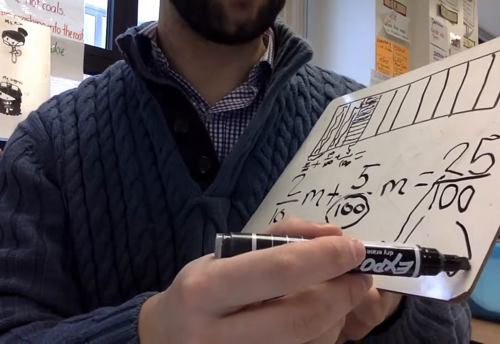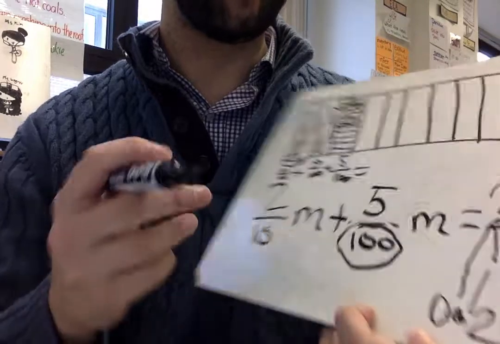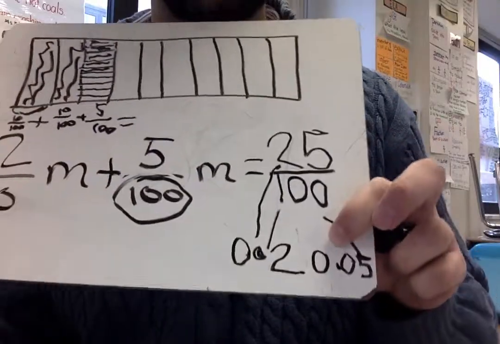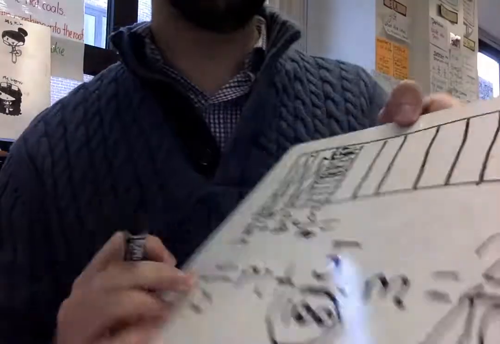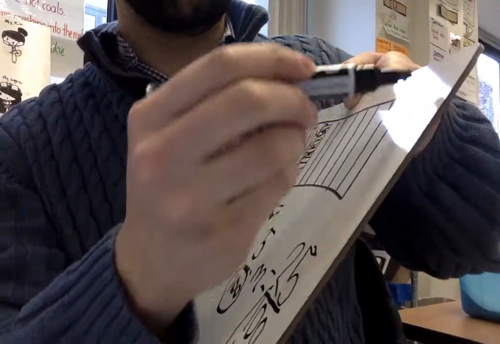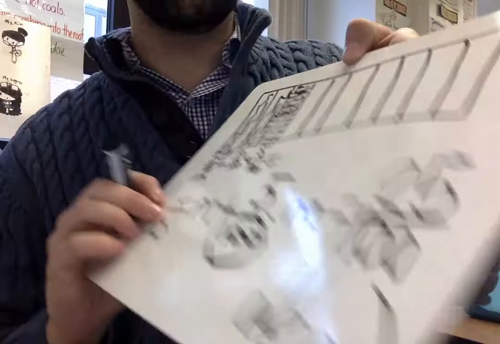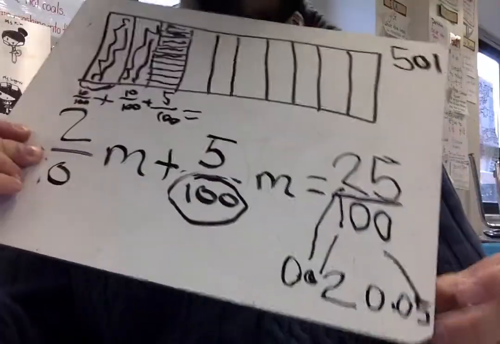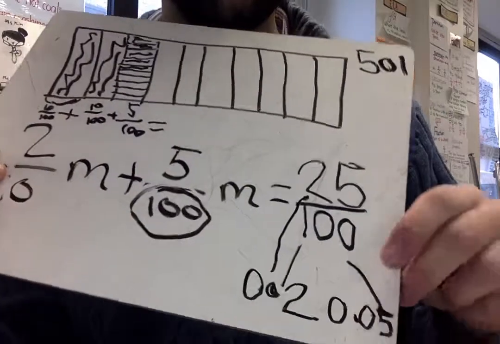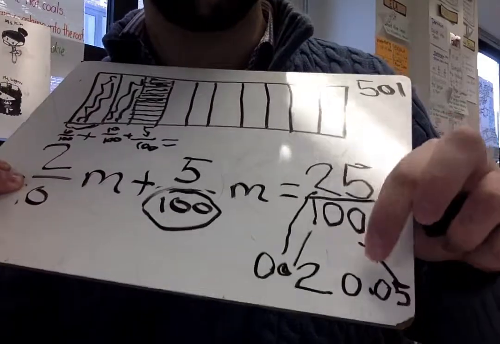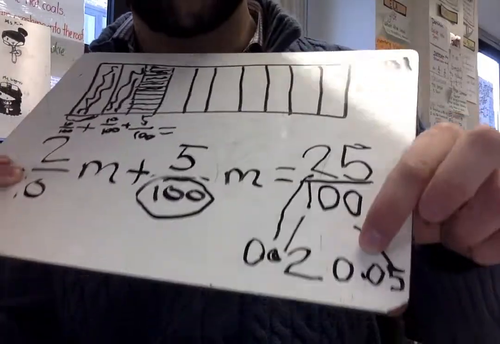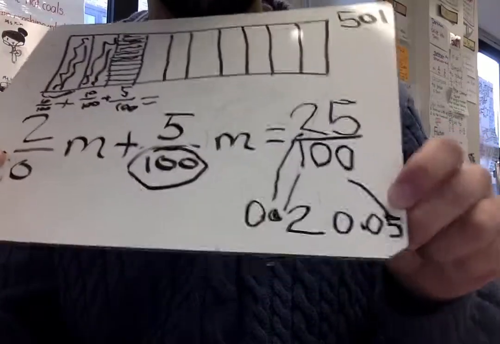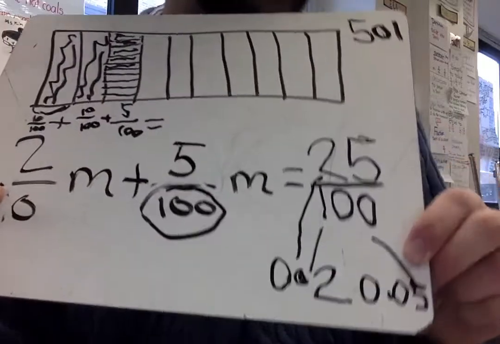We have to place a 0 in the tenths place because we still have to have a digit in that place value. It's like when we're writing 501. We can't skip the 0 in the tens place or else we would end up with 51. It's the same place value thinking when writing out decimals. We need to show that 0 in the tenths place so that we can see that we have our 5 in the hundredths place.